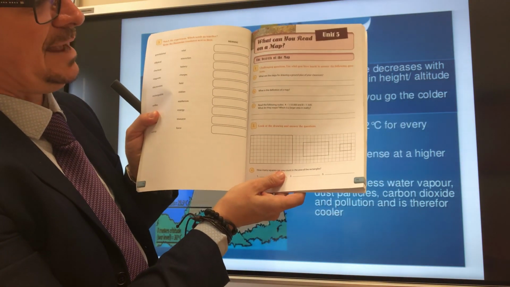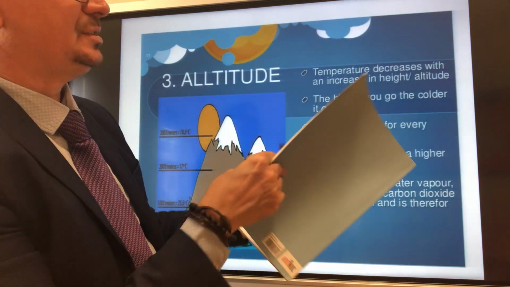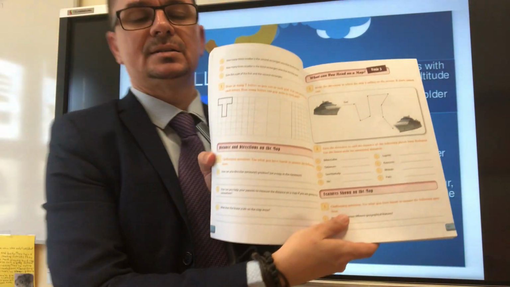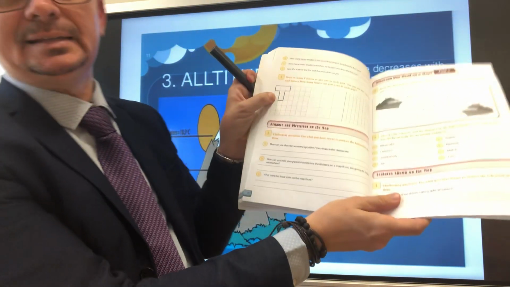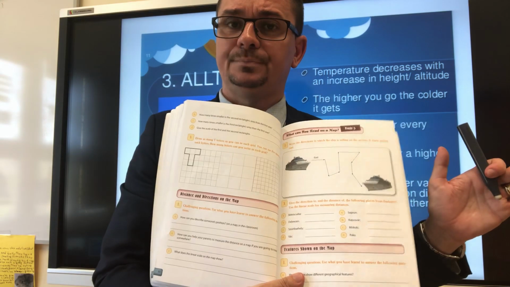Page 79, task 1, task 2. It's a bit of a drawing task. And you can even try task 3 on page 80. And then, let's stop here.